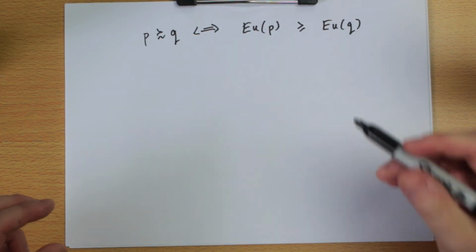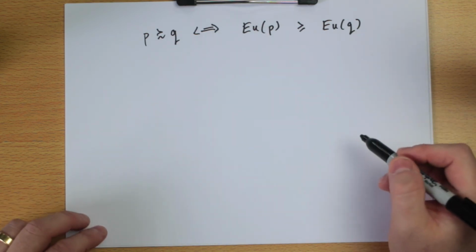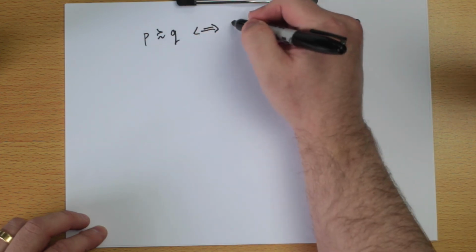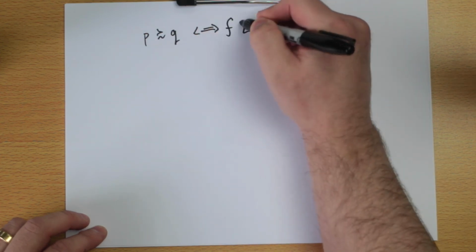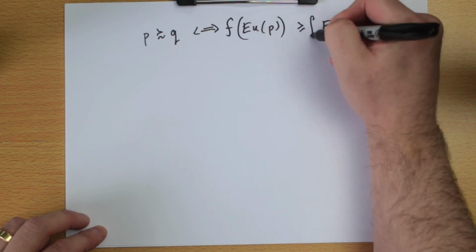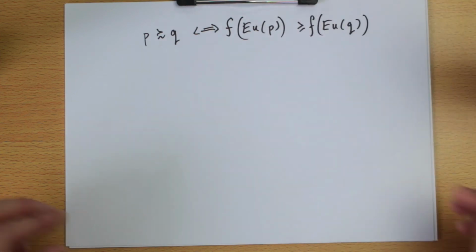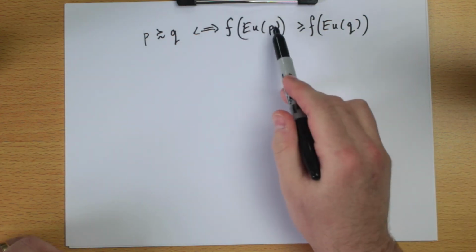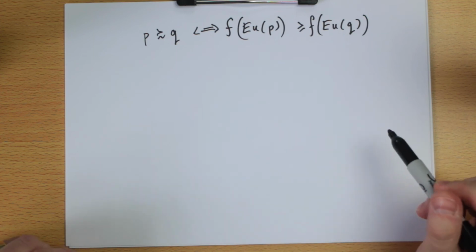Okay? Well, now let's suppose I take a strictly increasing function f. Okay? So if f is strictly increasing, clearly I could just take f of this and f of that, and the inequality still holds. Okay? So I could transform this. This is kind of the overall expected utility evaluation.